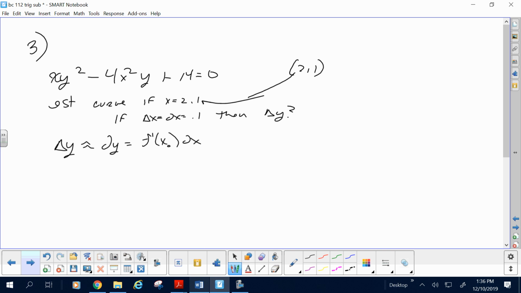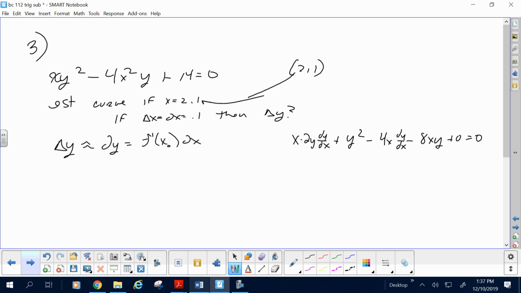The derivative for dy dx is x times 2y dy dx plus, I'm a little rusty on my implicit here, y squared minus 4x dy dx minus 8xy plus 0 equals 0. Did I do that right?